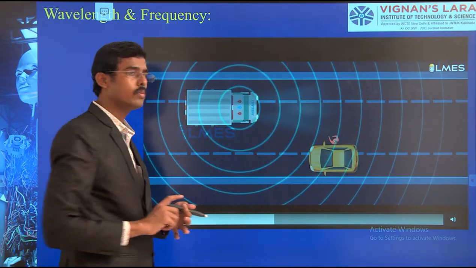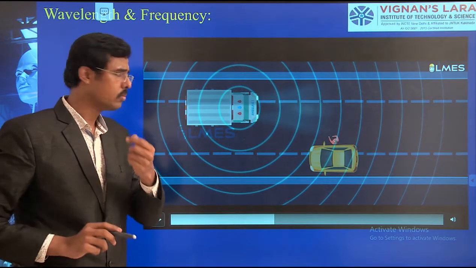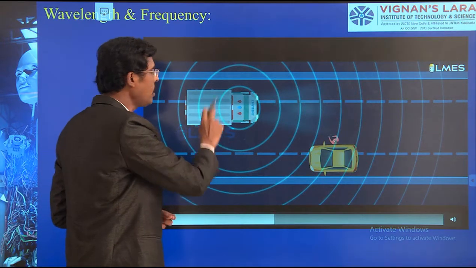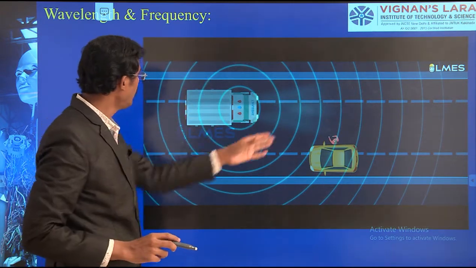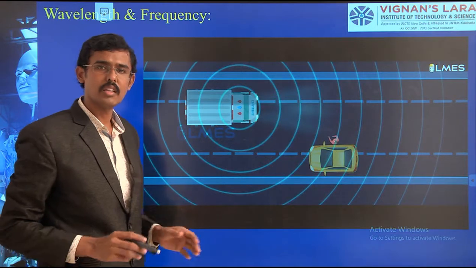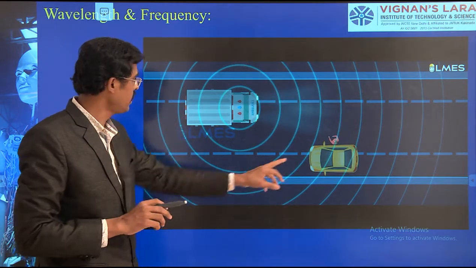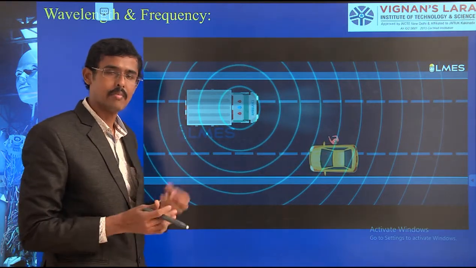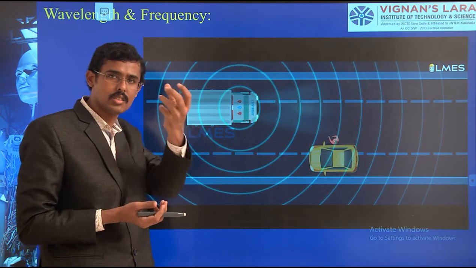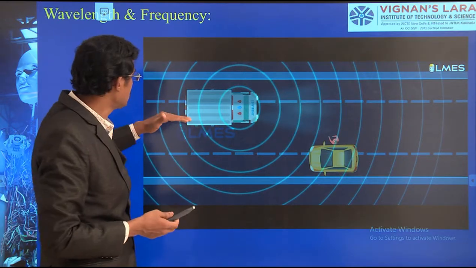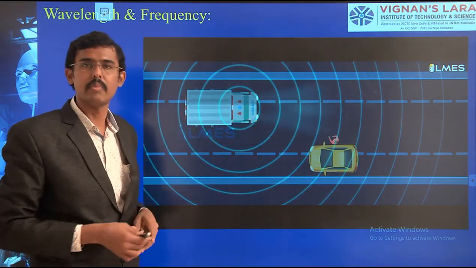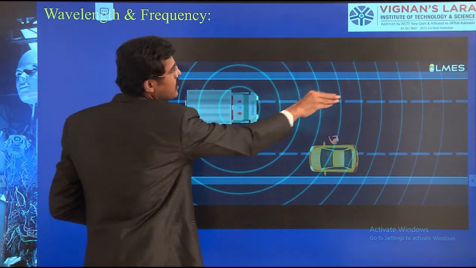Now we will go ahead with a small example. When the ambulance generates a uniform wavelength or frequency, and I am standing here, I am receiving the noise in a silent way. When this ambulance is moving forward, what happens? These waves are compressed.